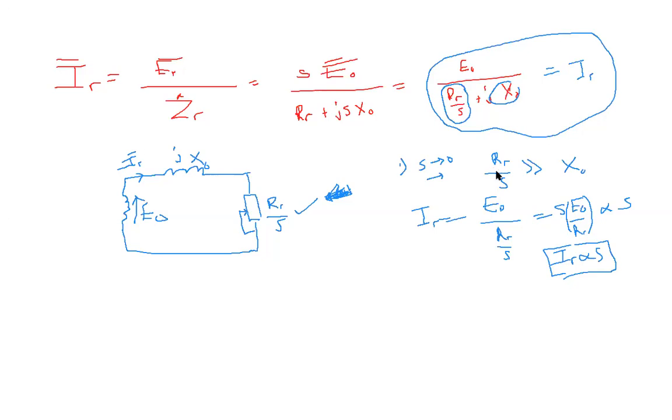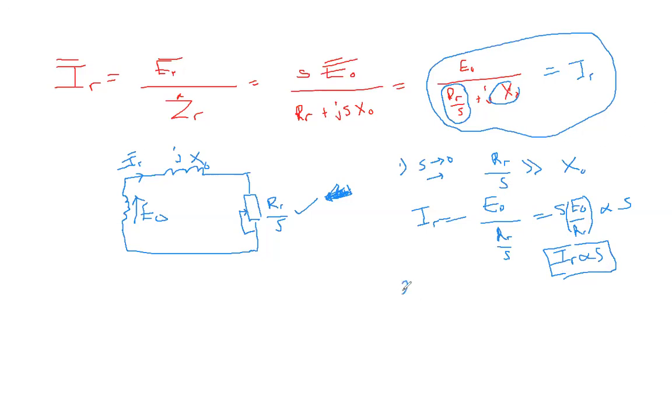When this value is big, the resistance in the rotor circuit is very large. When the resistance in the rotor circuit is very large, the current is going to be very, very small. So it makes sense to say IR is directly proportional to S, because as S becomes very small, this resistance becomes big and the current also becomes smaller. That's why they are directly proportional to each other.